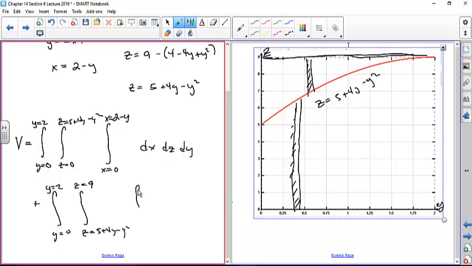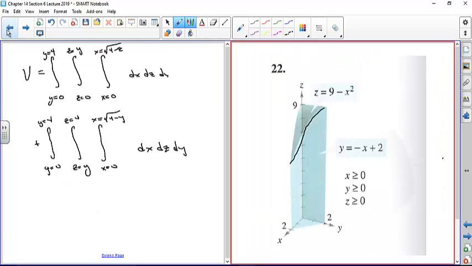And then you would have this integral, which would be from x equals 0 to x equals, and what you'd have to do is take this equation and solve for x. So if you do that, you'll get x squared equals 9 minus z, or x equals plus or minus the square root of 9 minus z. And this is the plus side, again, because it's on the plus side of the x-axis. So you get plus the square root of 9 minus z.